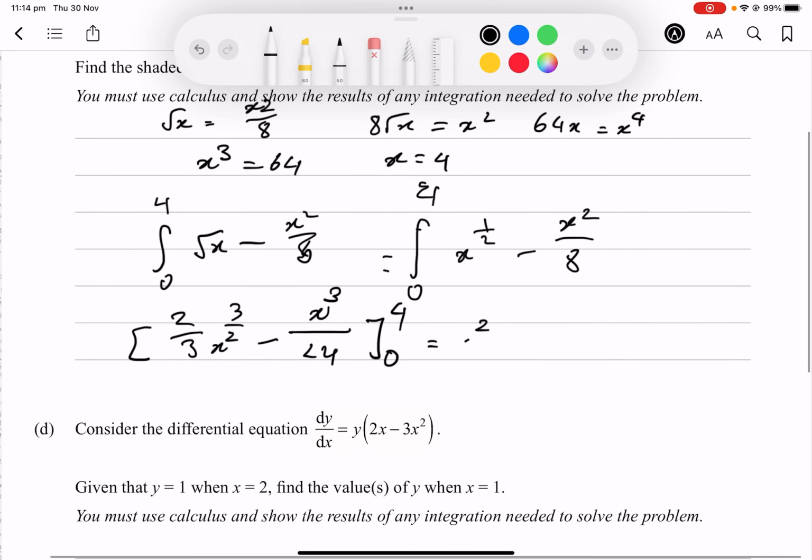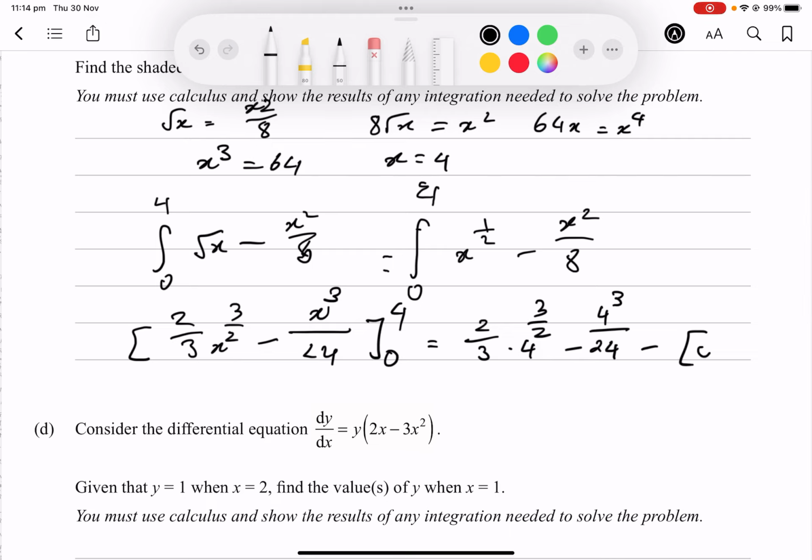And this will give us 2 on 3 times 4 to the power of 3 on 2 minus 4 cubed on 24, minus, well, if you plug in 0 on the side, it'll just be 0, so we don't have to worry about that. So we have 4 to the power of 3 on 2 multiplied by 2 on 3.